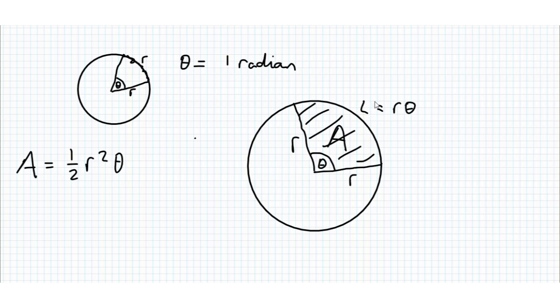So r theta in radians is equal to the formula in degrees, and when we rearrange that, we can find that the angle in radians multiplied by 180 divided by pi is equal to the angle in degrees.